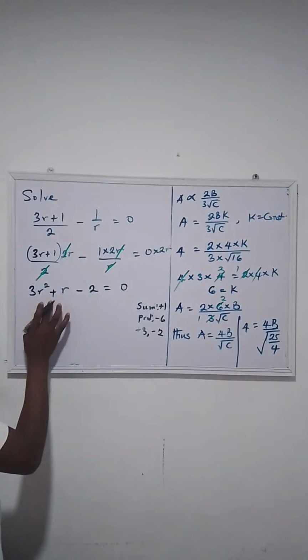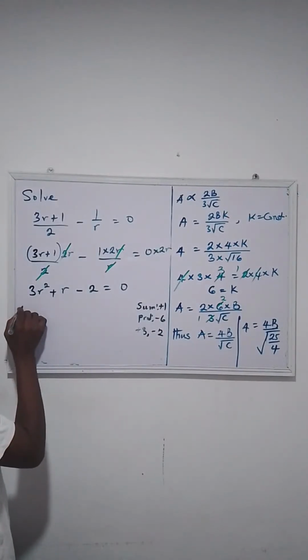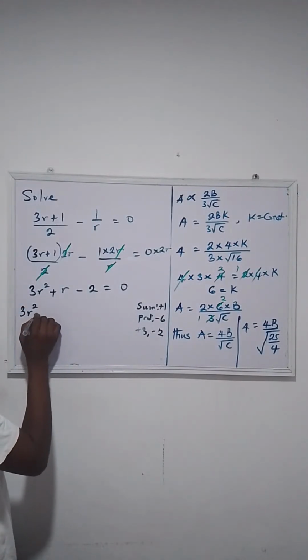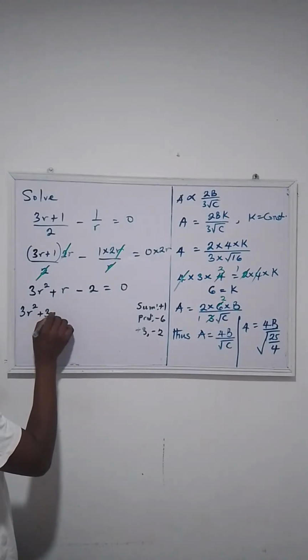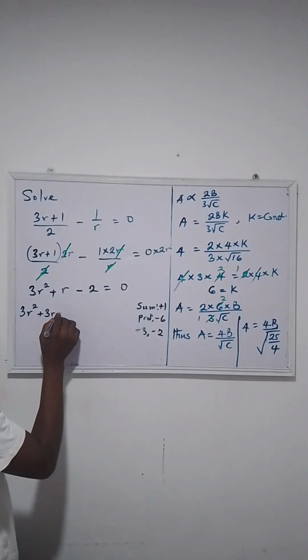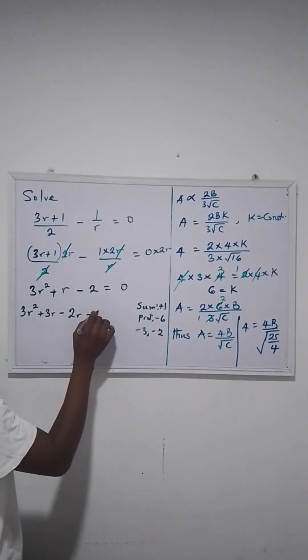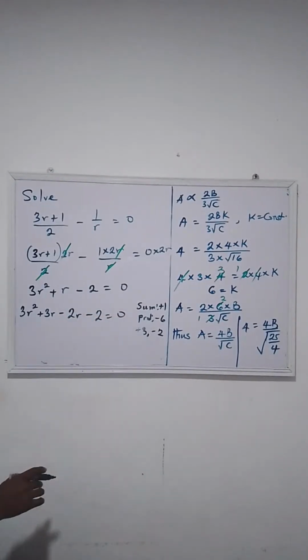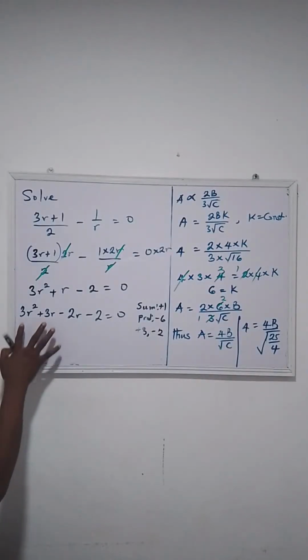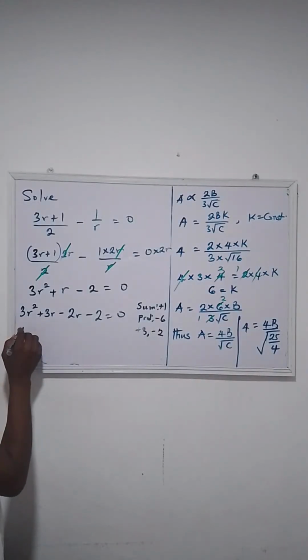+3 and negative. So now let's incorporate that here. So we have 3r squared plus 3r minus 2r minus 2 equals to 0. Okay, here you can find the GCD of this. So that is r, or 3r.